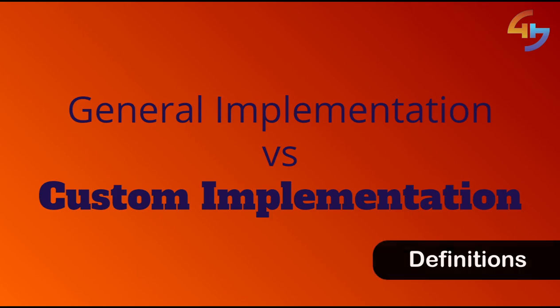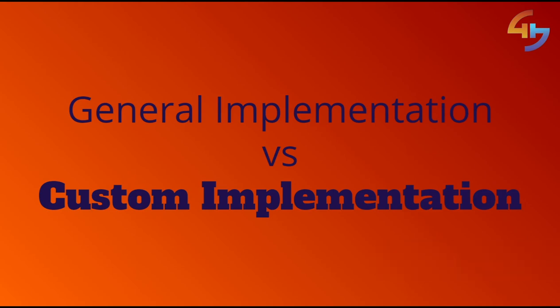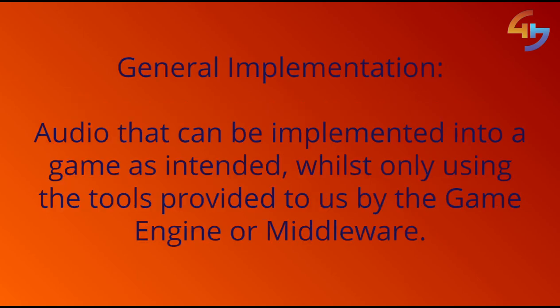Now, to understand these different concepts of audio implementation further, I have designated the names general and custom implementation to the following definitions. The first, general implementation, refers to audio that can be implemented into a game and work as intended, whilst only using the tools provided to us inside of Unity or any other engine we choose to make our games with.